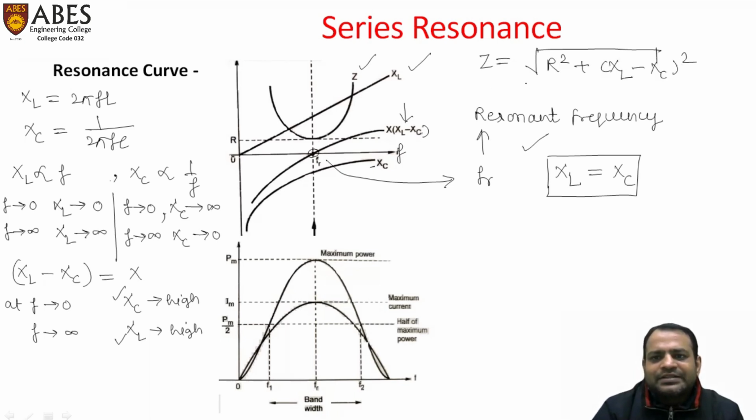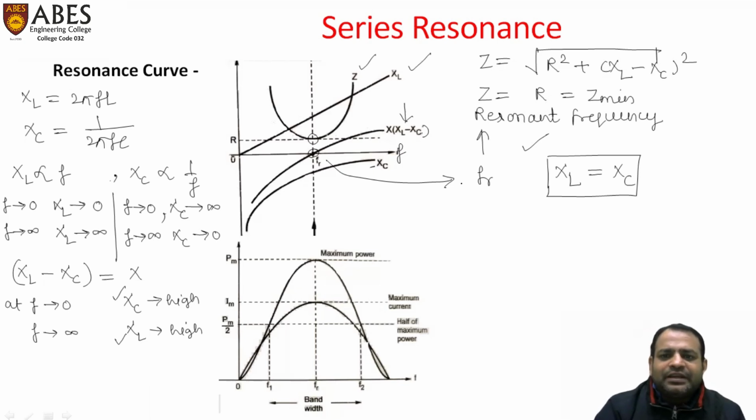So when XL is equal to XC, Z is equal to R, which is Z minimum. So at resonance, Z is minimum. At the starting it is maximum, and at the end it is maximum, but at the point where resonance occurs, Z is minimum.